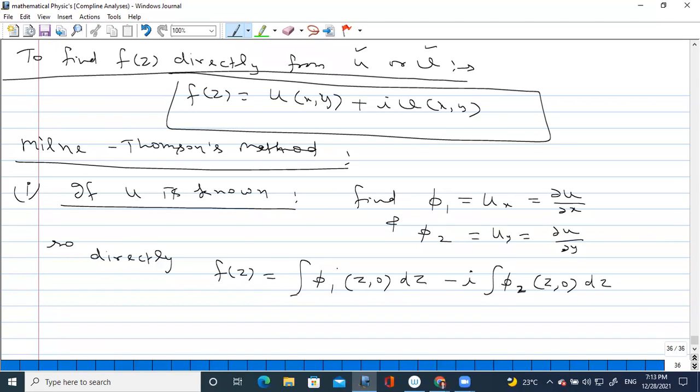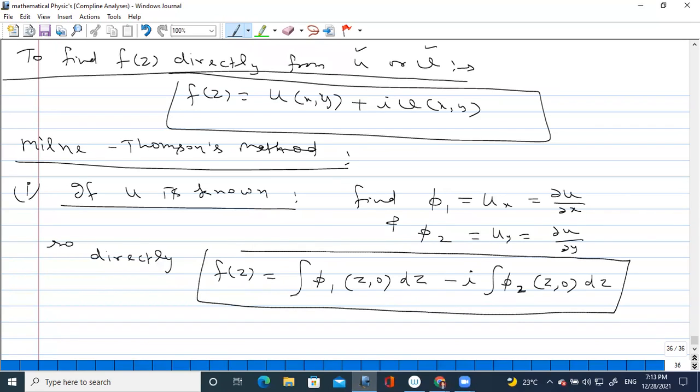So here, what is phi1(z,0)? Because phi1 is a function of x and y. So get phi1(z,0) from phi1, which was a function of x,y: in place of x you write z, in place of y you write 0.